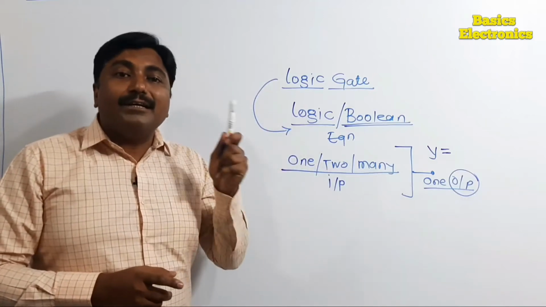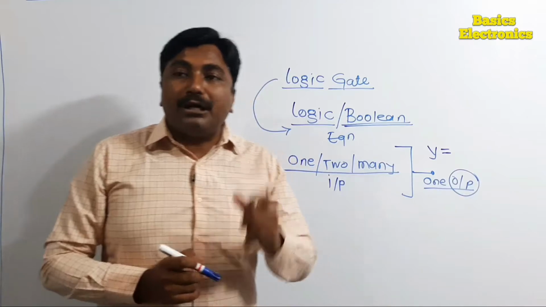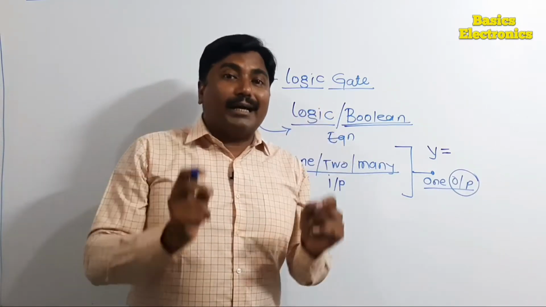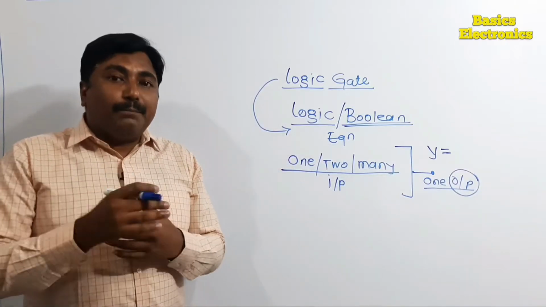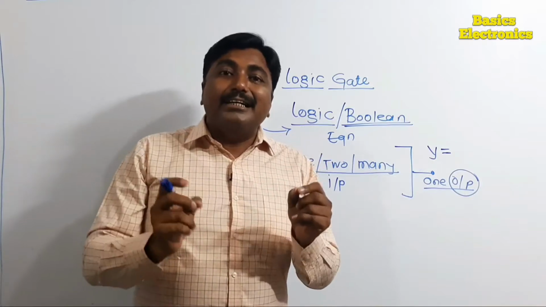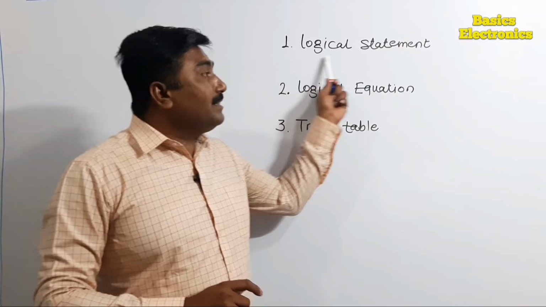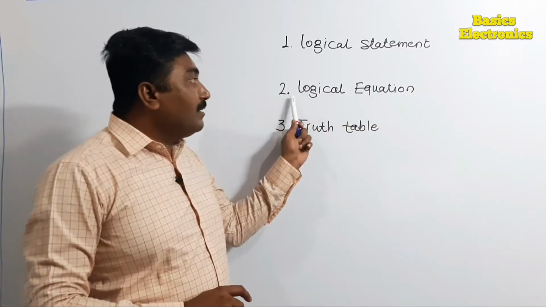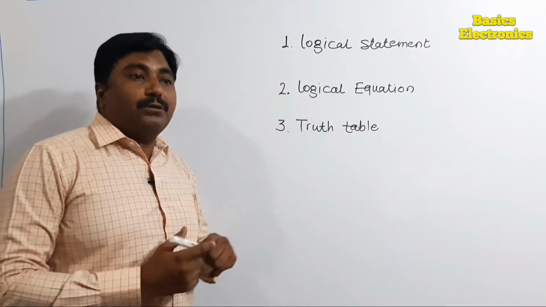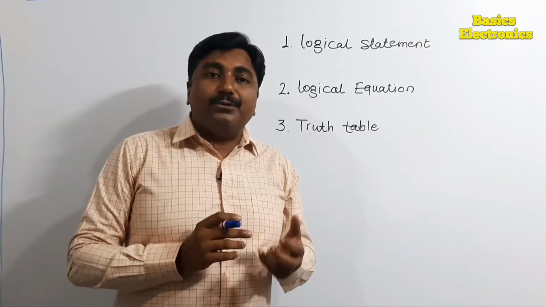So it is necessary to study all types of logic gates, but before going to study them, we see some terms. We are required to see the logical statement, logical equation, and truth table. These terms we have to study before going towards the various types of logic gates.